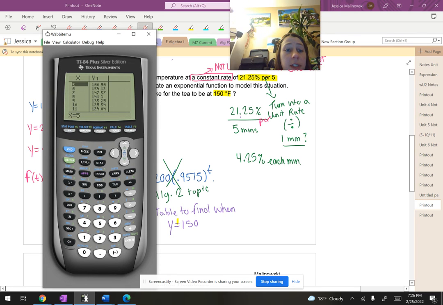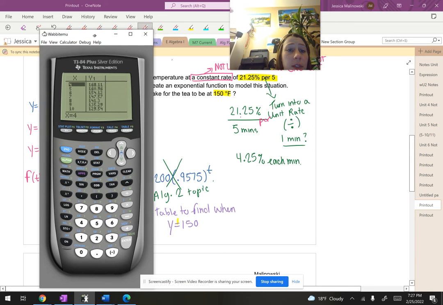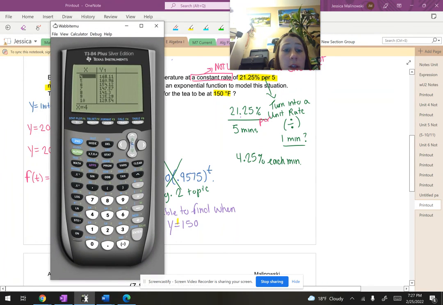Okay, so 150. Does it say to the nearest minute? 150 happens somewhere between 6 and 7, but I might not be sure which one. So we can go to my table start and change what my table goes up by, 0.5s, and maybe that will give us a better view. Oh, right there at 6.5, it's just a little bit over 150.